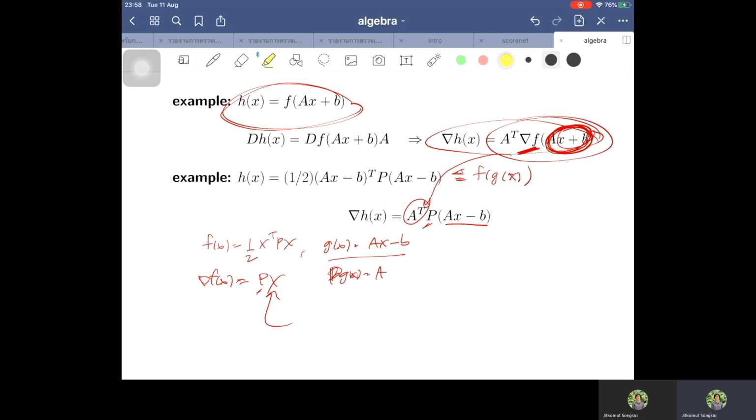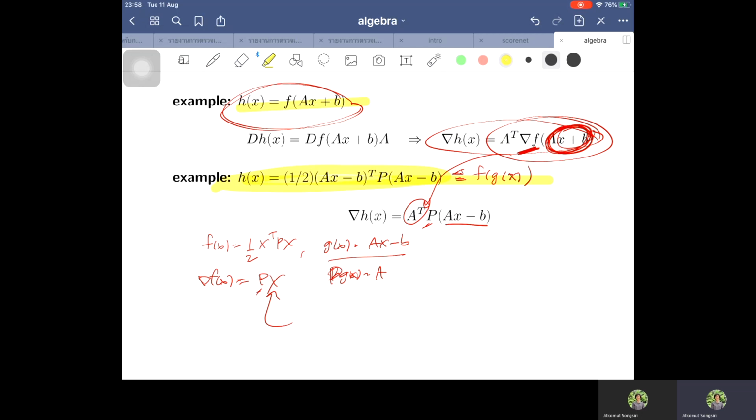Okay, these two examples are very typical. We're going to see a lot of them in engineering problems. This is one type of loss function that you see in a least squares problem. We're going to solve the problem, but in solving an optimization problem, taking the gradient is one important step, because it gives us the optimality condition.